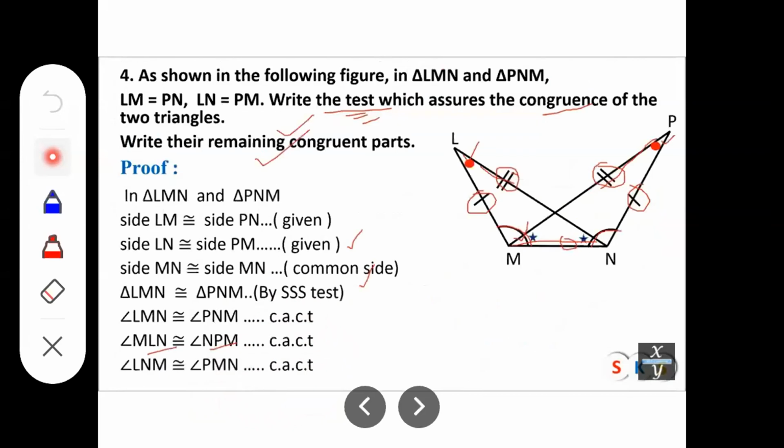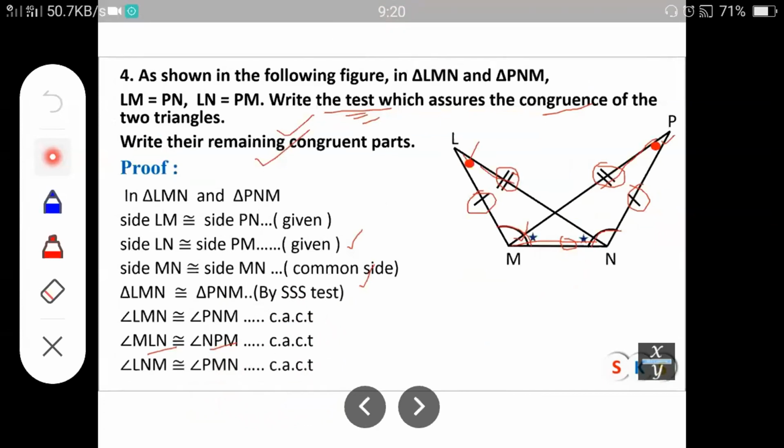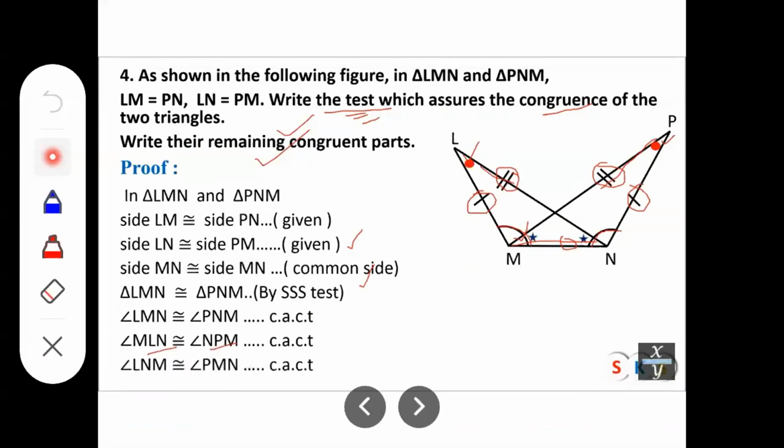Now see the fourth example, similar to the third one. We have to identify the test of congruency here. Two triangles are given: triangle LMN and triangle PNM.